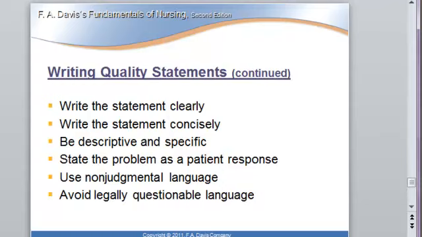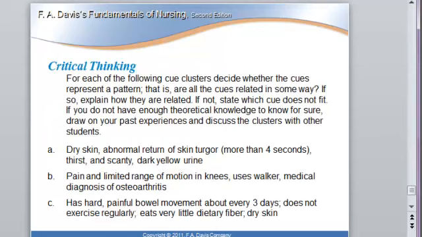So if you use this critical thinking slide, it states that for each of the following Q clusters, which are your signs and symptoms, decide whether the signs and symptoms represent a pattern, that is, are all the Qs or the signs and symptoms related in some way?